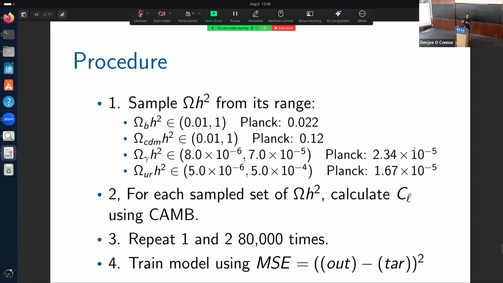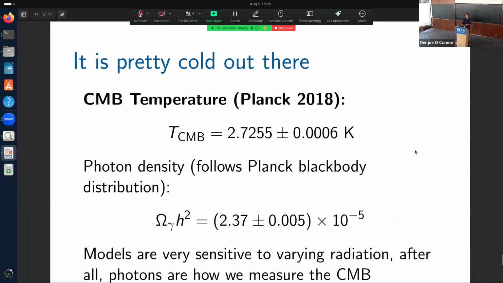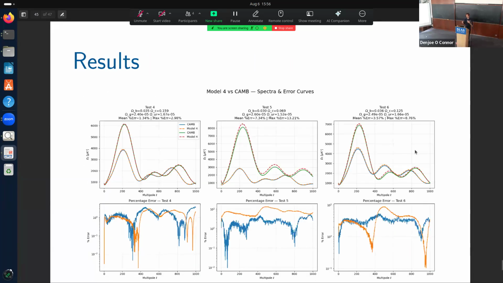I put an uncertainty of 10 to the minus 6. And I reran the model, and thank God, it worked much better. As you can see now, the power spectrum is well calculated. The neural network is effectively learning the shape of the power spectrum.